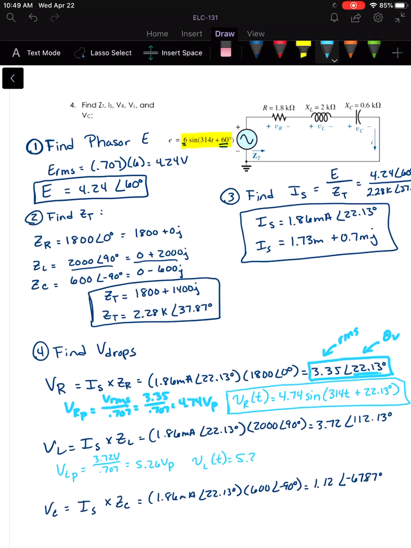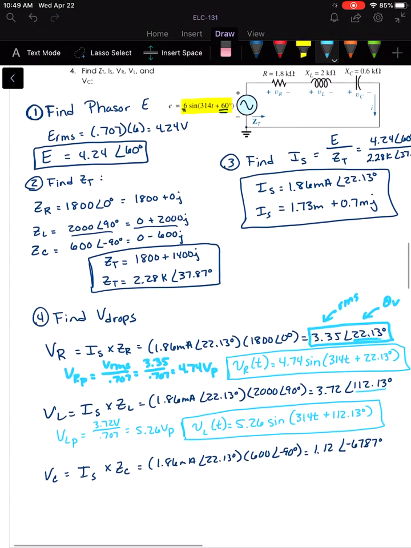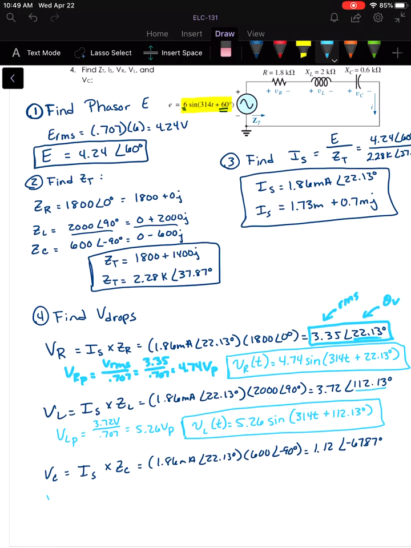So VL as a function of time would be the 5.26 sine, same angular frequency, and this time we're using the 112.13 degrees that we found for our phasor voltage there.